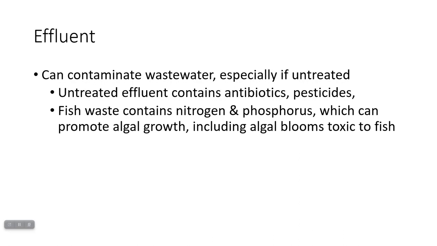Then we talked about effluent, but that is the wastewater that comes out of these places. We'll mention effluent again when we talk about, for example, sewage treatment plants. It's basically the water you're releasing from something, and this can be a major contaminant. So if it's not treated, or even depending on how it's treated, it can contain antibiotics and pesticides. Antibiotics can contribute to antibiotic resistance development in bacteria, and pesticides can kill non-target species.